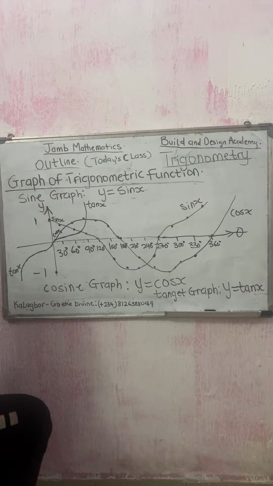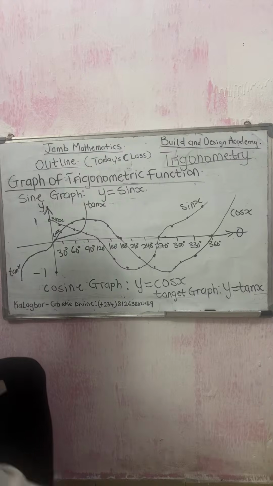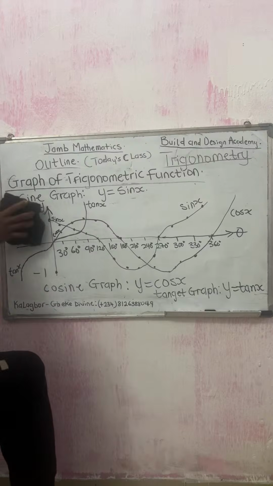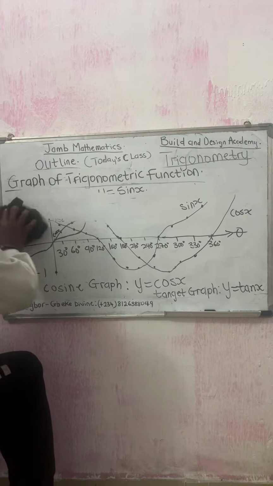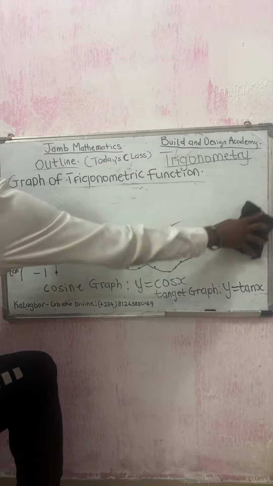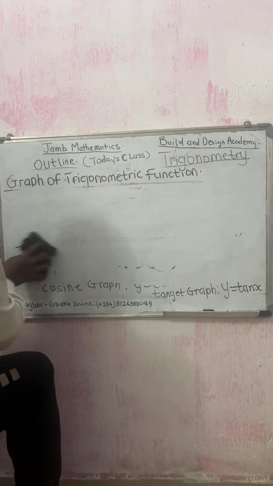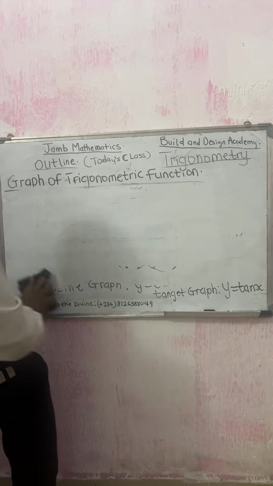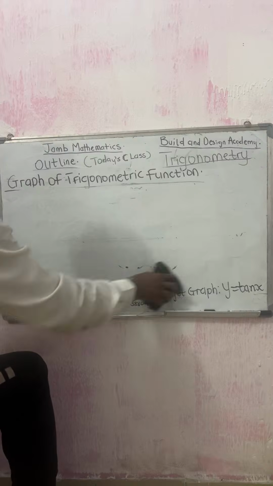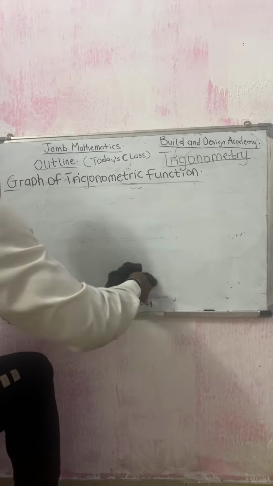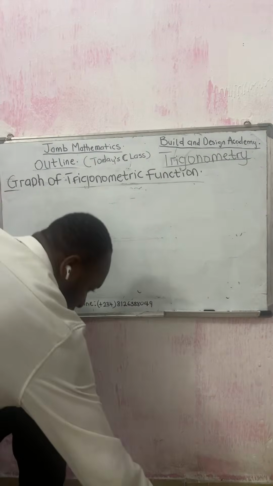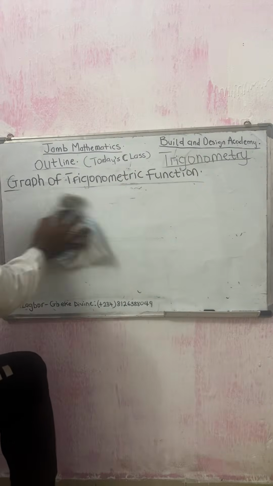Now, take note of this. For each of them, I'll write the key properties, so that you know the key properties you need to look out for. I'm supposed to explain it before I clean, but let me write it down. Since it's already on your notes, you look at it, you understand it.